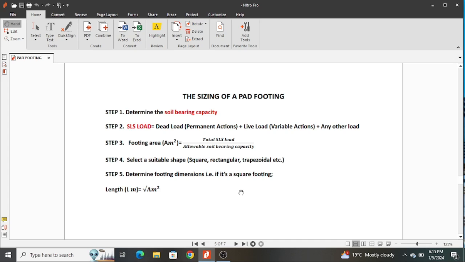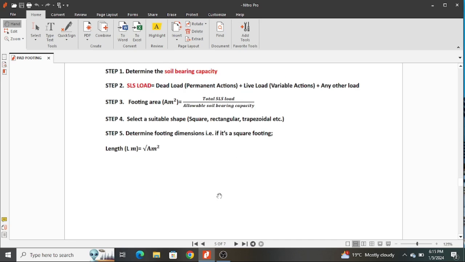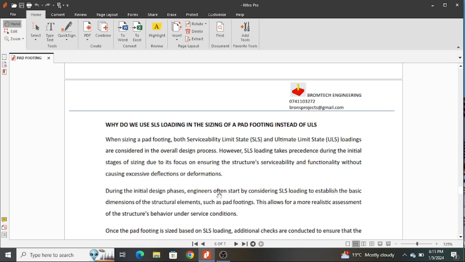In our next session, we're going to look at the design of the footing. That is where we're going to answer all these questions. But let me answer one for you, and you will answer the other one in the next class. Why do we use SLS loading instead of ULS?